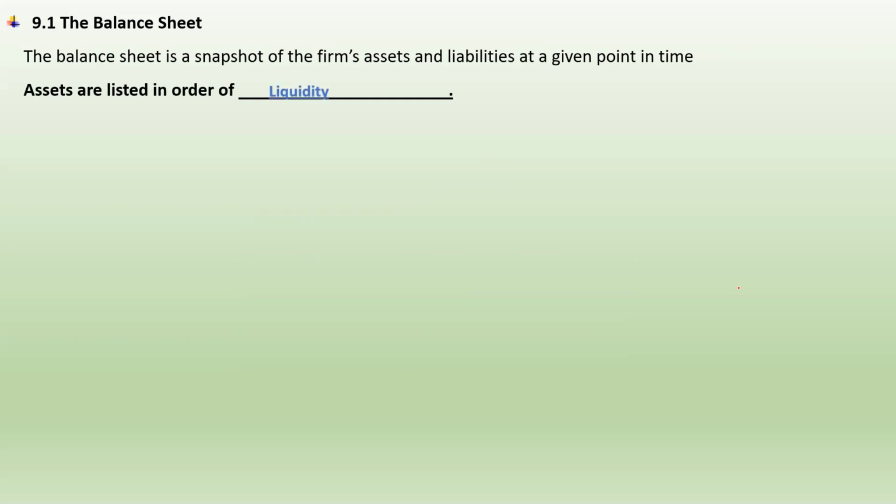Assets are listed in the order of liquidity. What's the definition of liquidity? Liquidity measures how easily the assets can be converted to cash without significant loss of value. For example, cash has the highest liquidity because you can use it immediately.